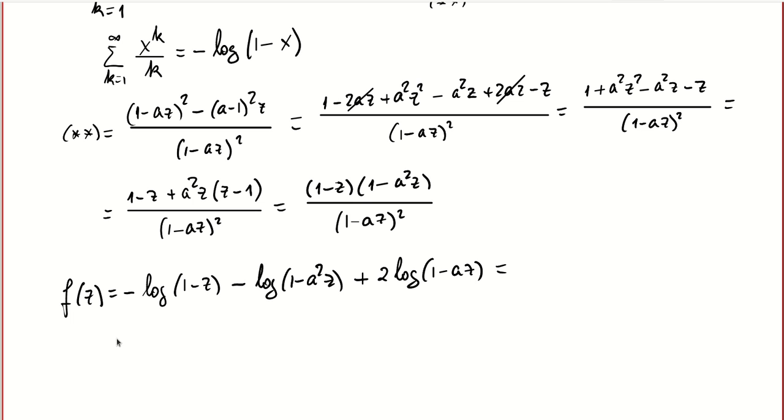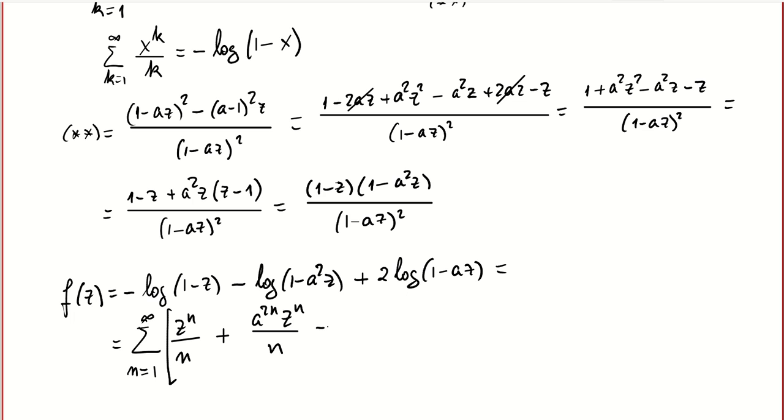Now we have the sum from 1 to infinity, and from this we have z to the n over n. Then from this one here we have a squared to the n, z to the n over n.